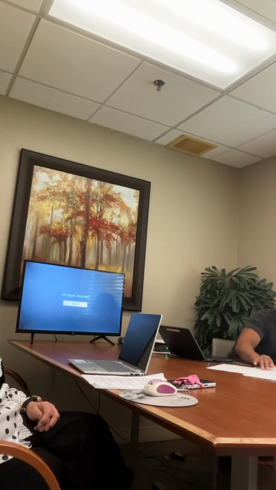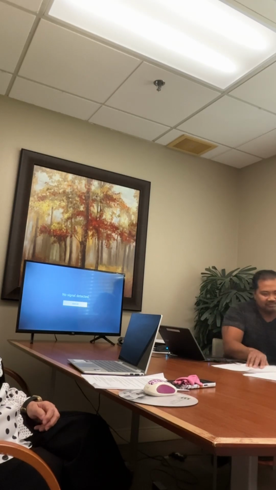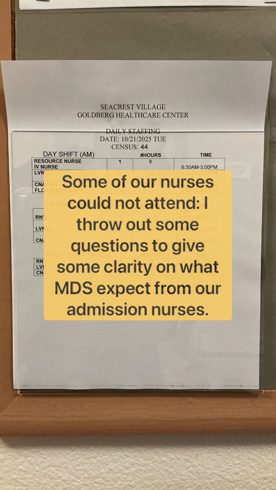Working on the floor, there were times that admission orders were missing or an order was wrong. Instead of correcting it, they would wait until the next day or two days before it gets fixed.